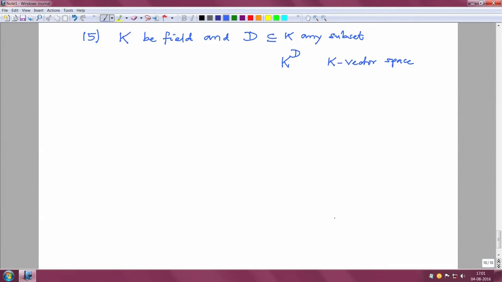Now among all the functions, I consider what is called a polynomial function. Let us recall what a polynomial function on D is.